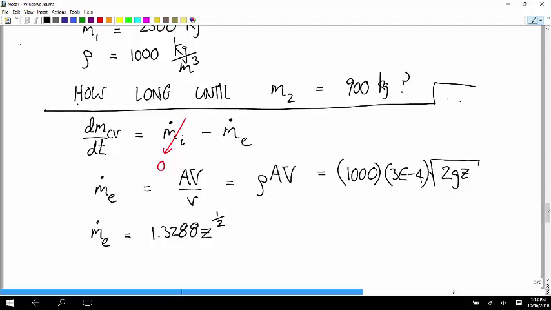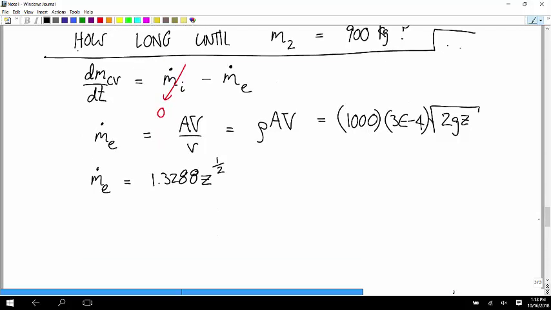Okay, so now we have this equation that says dm for the control volume dt is equal to negative 1.3288 times z to the 1/2.